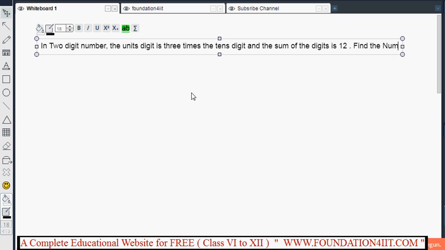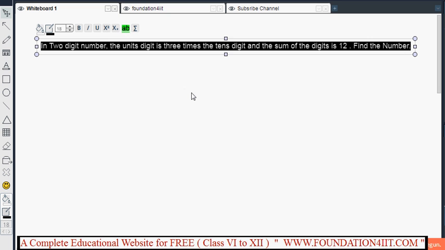So find the number. So the particular number we need to find out by following this rule.